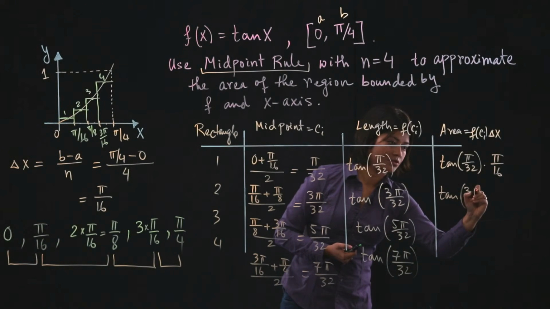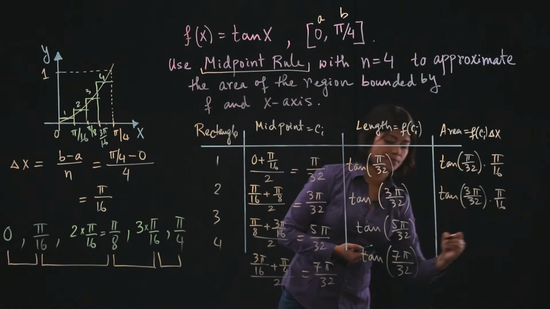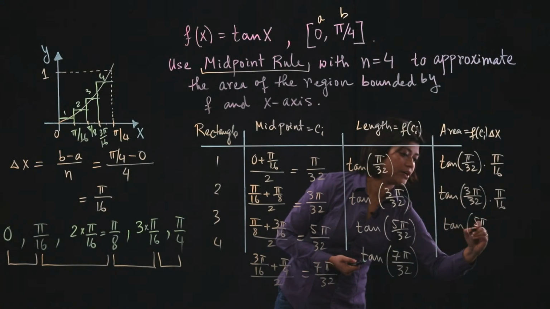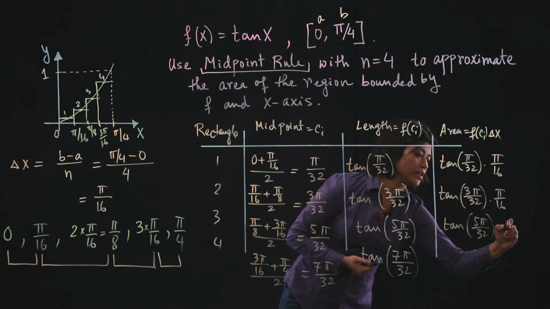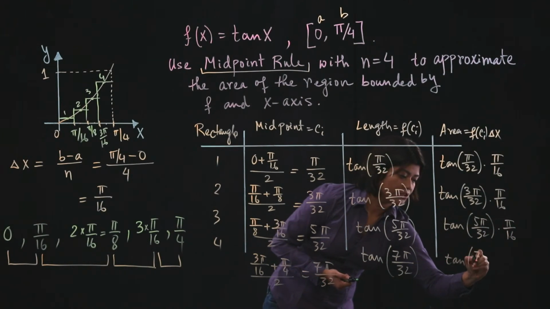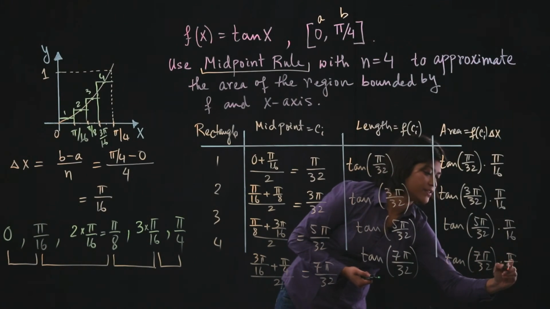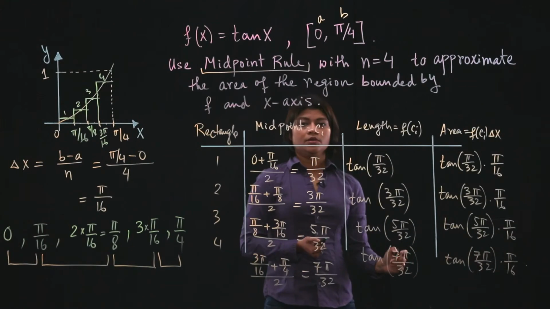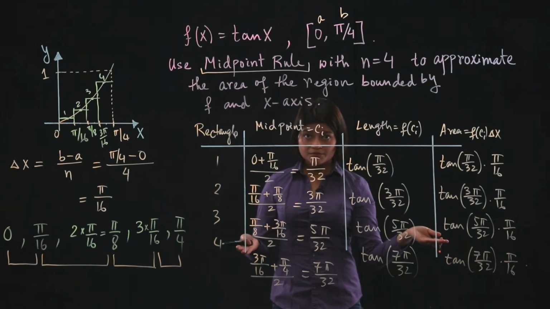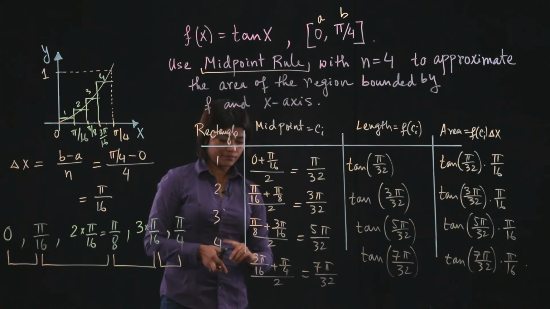Second one, tangent of 3 pi over 32 times pi over 16. Third one, tangent of 5 pi over 32 times pi over 16. And the fourth one, tangent of 7 pi over 32 times pi over 16. So we have the areas of all four rectangles. Just have to add them and we get our approximate area.